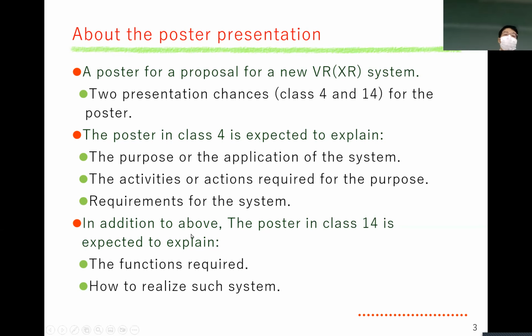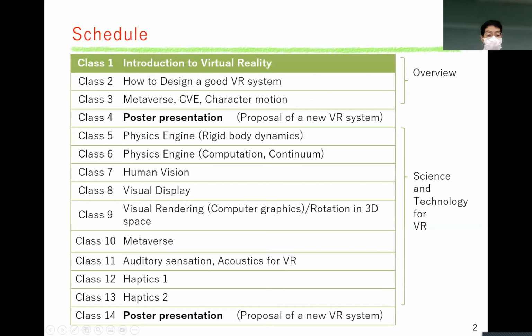And after that, I'll talk about science and technology for virtual reality. There are techniques to display or to measure human motion, or to display some information to humans. So there is technology for virtual reality. I'll explain these individual technologies.